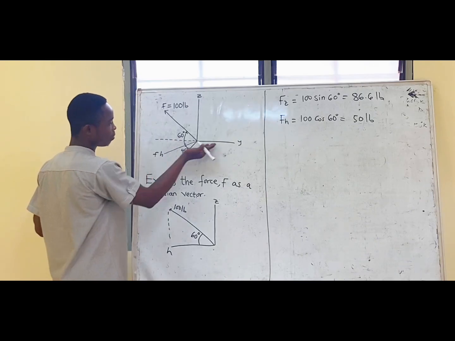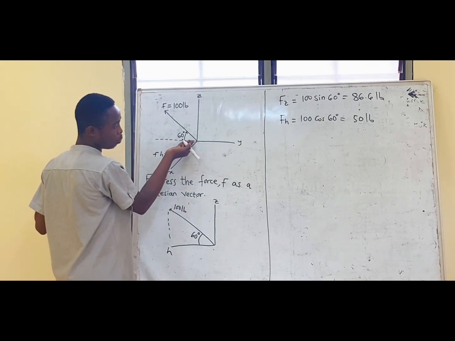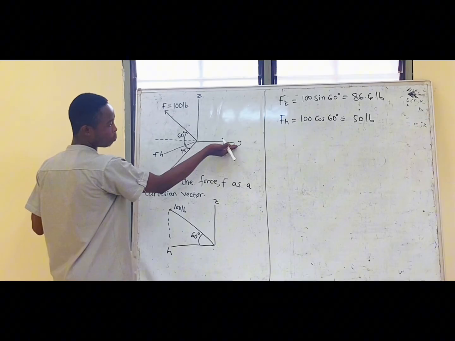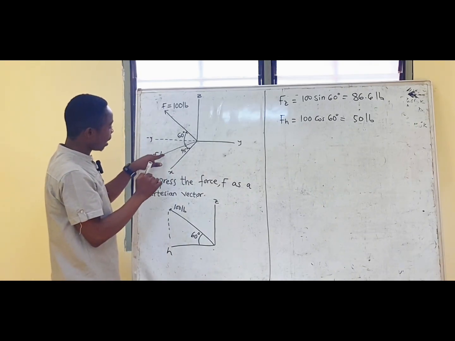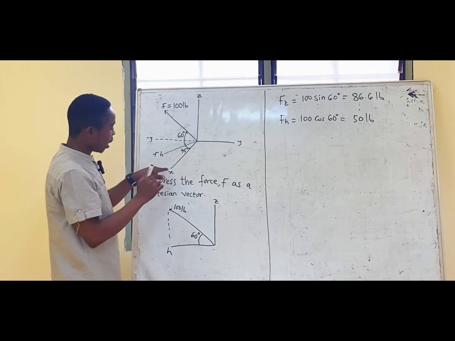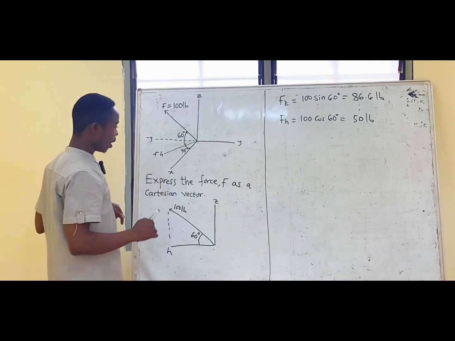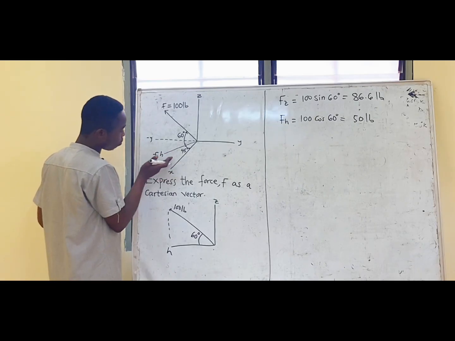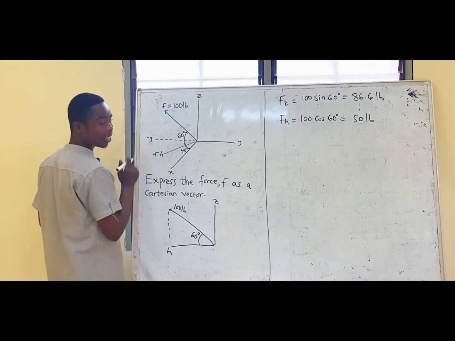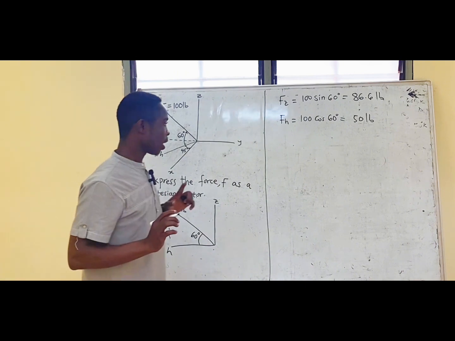The negative Y. So this is the Y. The opposing axis to the positive Y will be our negative Y. So H also lies between the X axis and the Y axis. So what we do is that we resolve the H into X component and into what? Y component. Please, I hope you are with me.